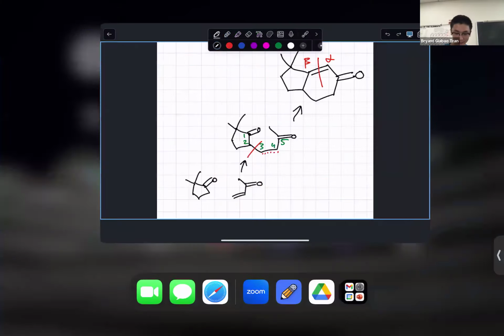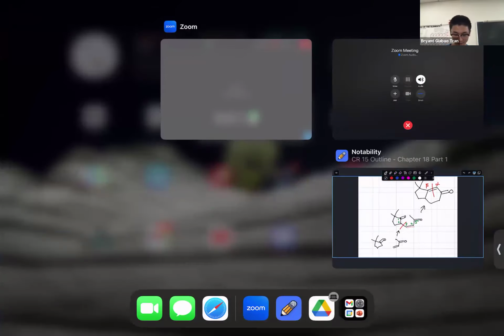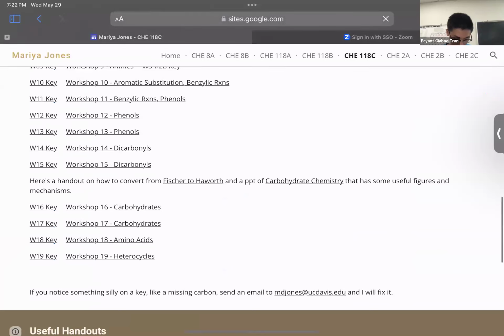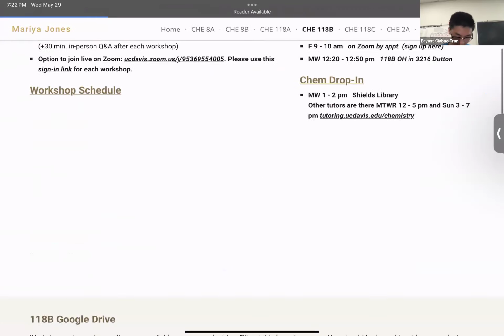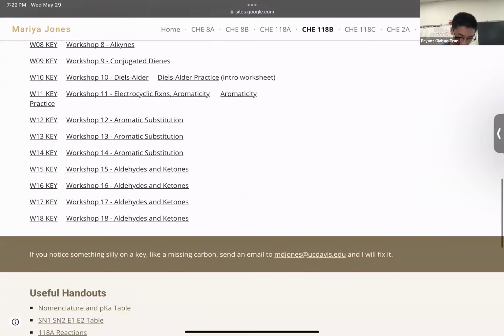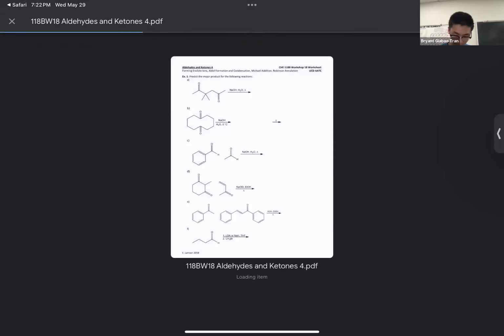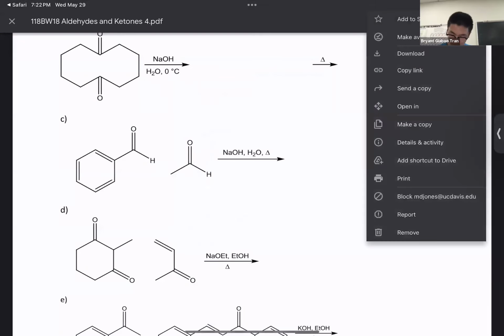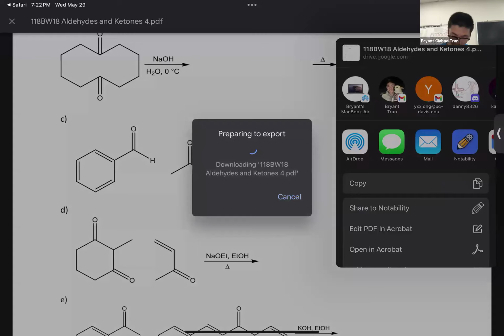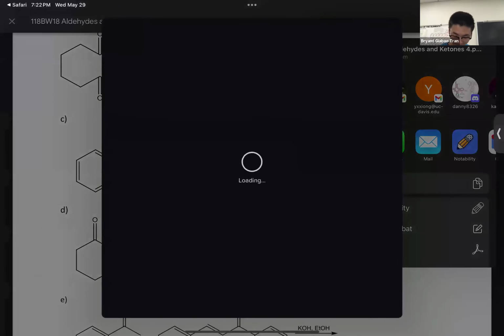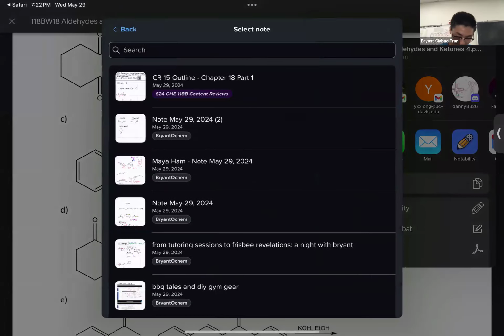Okay, so let's do some practice problems on this and then finish chapter 18 tomorrow. This is the last worksheet. Okay, let's do the weird looking ones.